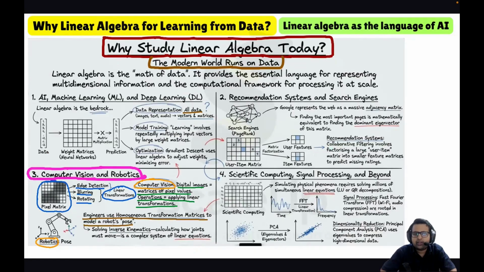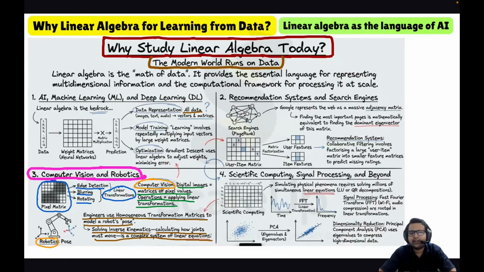Even solving inverse kinematics, like calculating how joints must move to reach a specific point, is a complex system of linear equations. So inverse kinematics also involves complex systems of linear equations, which is a part of linear algebra.